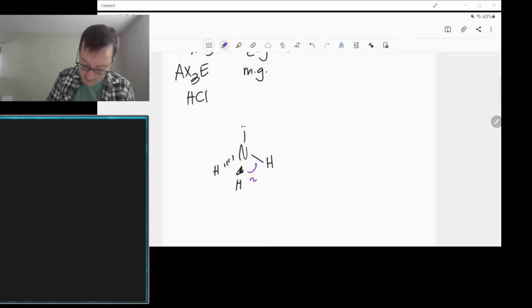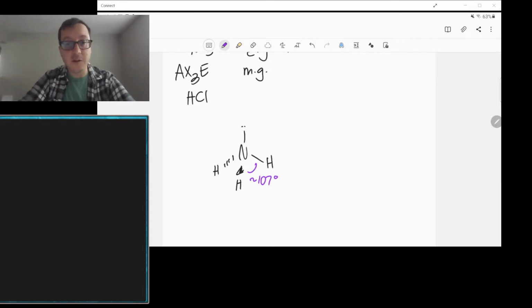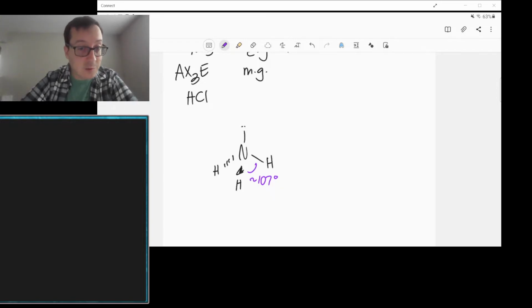These ones are about 107 degrees. So still less than 109.5 pure tetrahedral, but not as far gone as the bent angle of 104.9. So we're a little bit less in between because we only have one lone pair.